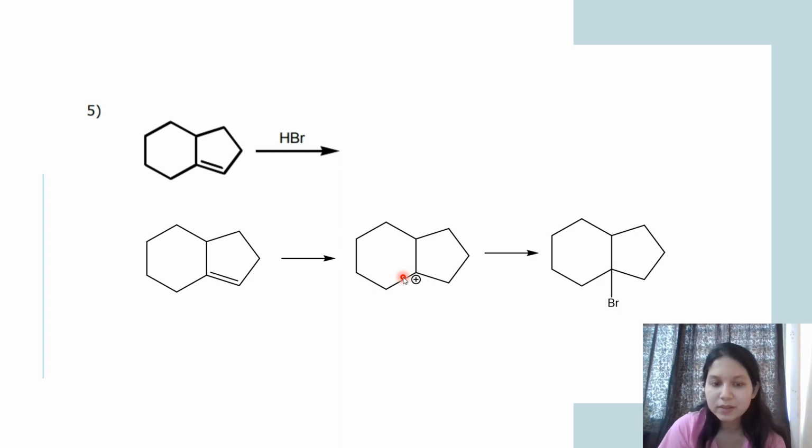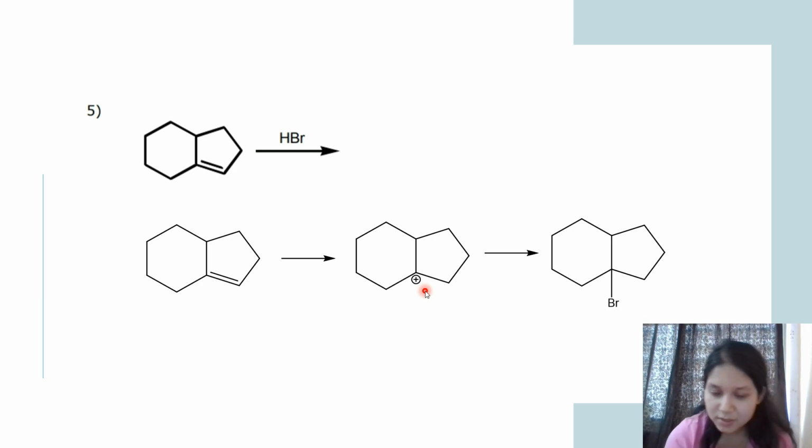You can also think like the earlier cases, why are we not adding the hydrogen here and forming the carbocation here? You have to again look at the stability of the carbocation formed. If you had obtained a positive charge here, it would have been a secondary one. But if you are adding the hydrogen here and forming the positive charge here, you are getting the more stable carbocation, which is a tertiary one.